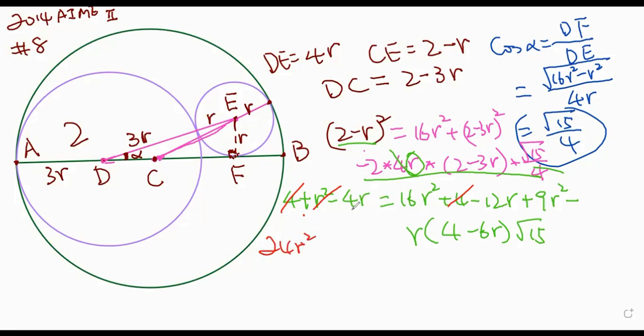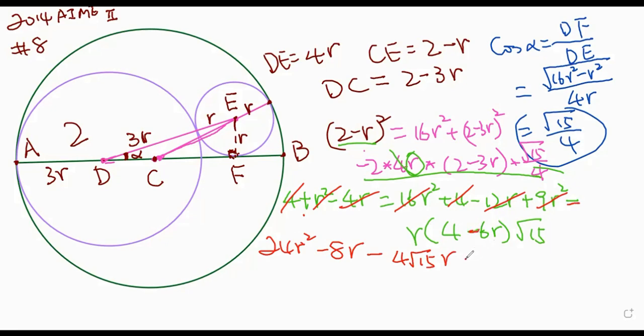And we add 4R to each side, minus 8R. Then minus 4 times square root of 15 times R. And now minus, and this is negative, so it's positive.